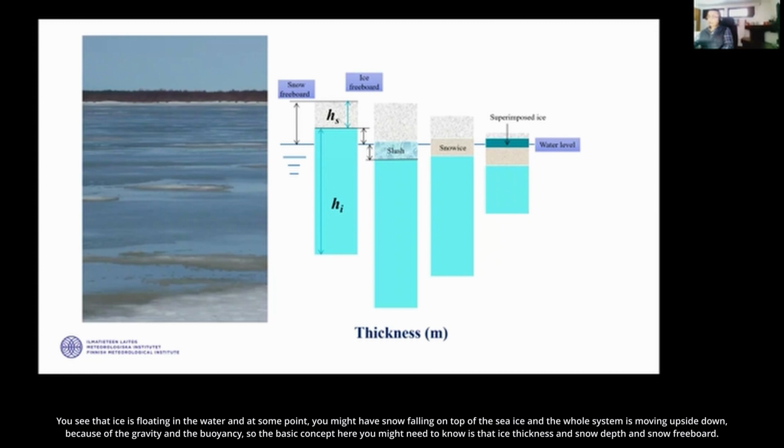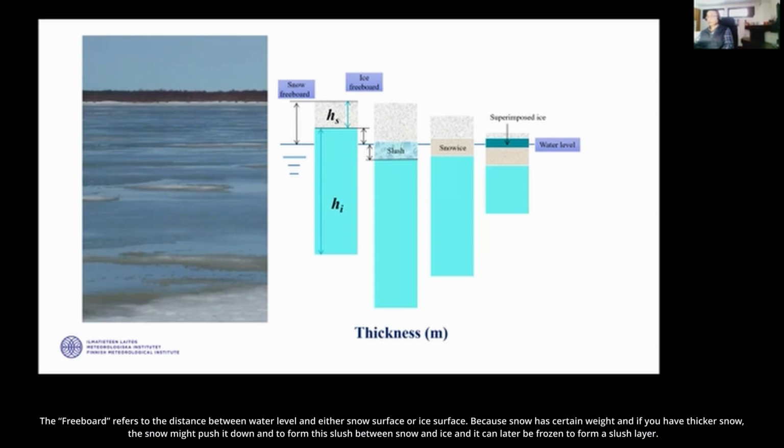The whole system floats because of gravity and buoyancy. So the basic concepts you might need to know are ice thickness, snow depth, and freeboard. The freeboard refers to the distance between the water level and either the snow surface or the ice surface.